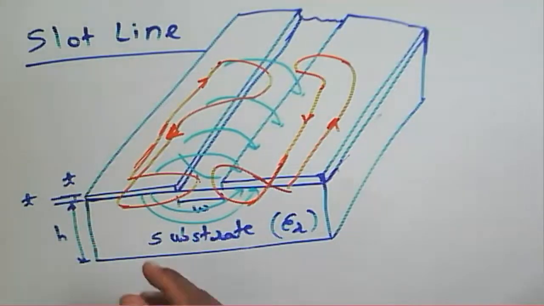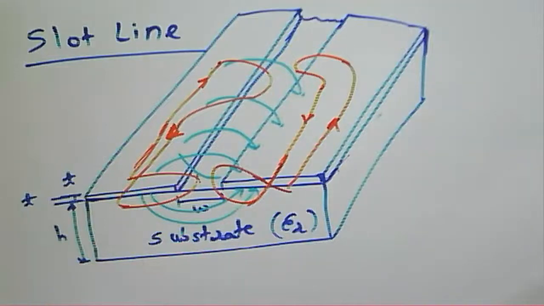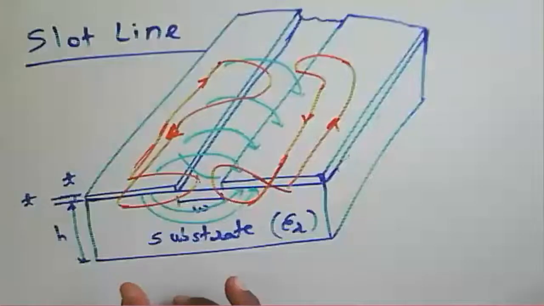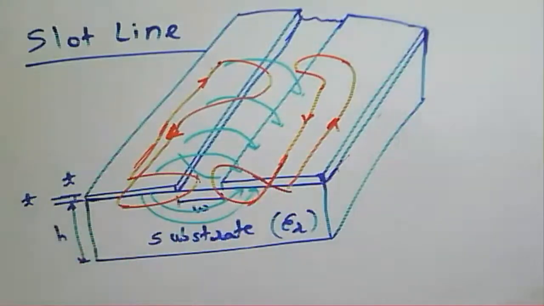So how do we calculate or obtain the characteristic impedance of the line? For a non-TEM wave, it is obtained through the power and voltage relationship through this particular line.